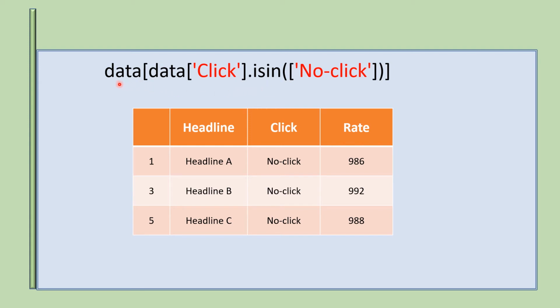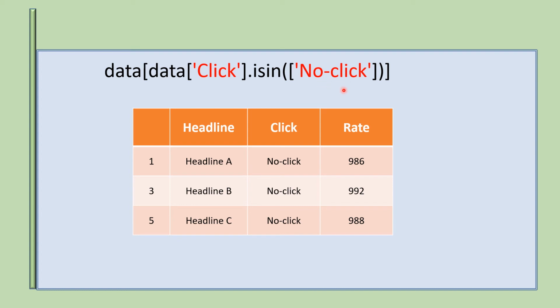To start with, we have to write data and within square brackets another data. So it will be like data present in the data set, there is a column by the name click, and from that column we want all the observations that are equivalent to no click.